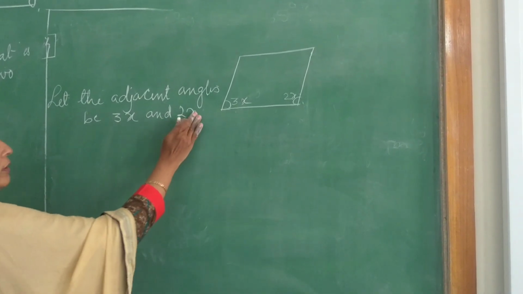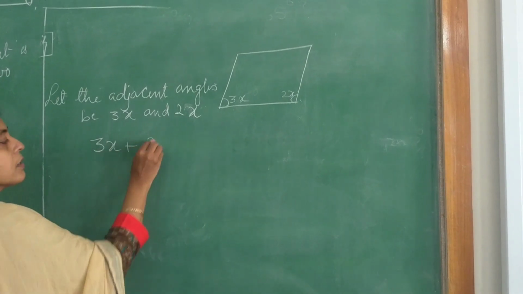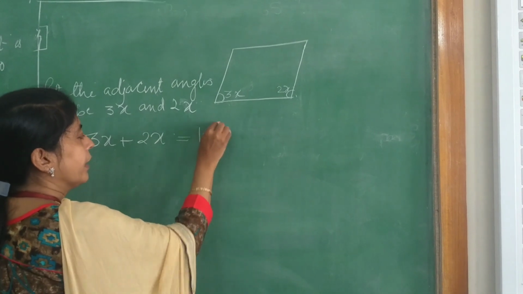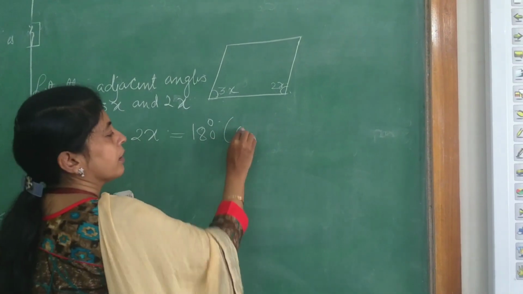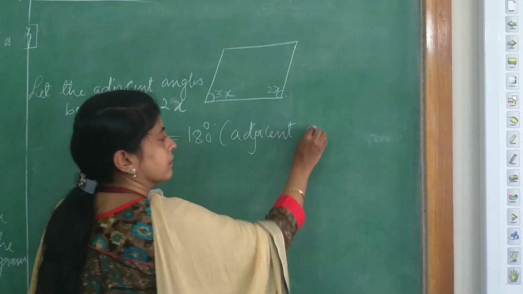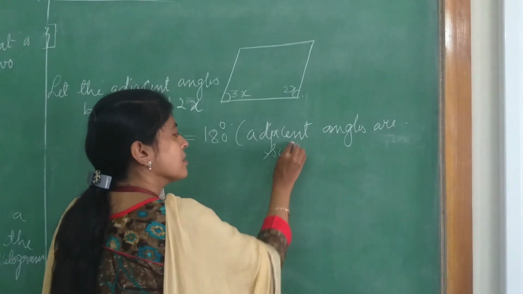So we can write 3x plus 2x is equal to 180 degrees, because adjacent angles are supplementary.